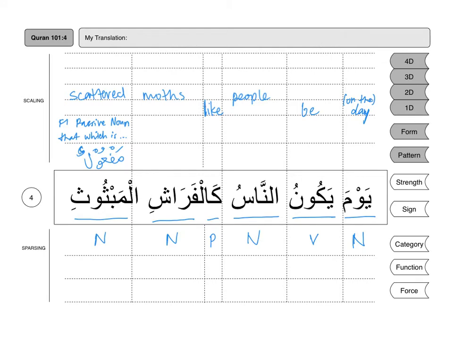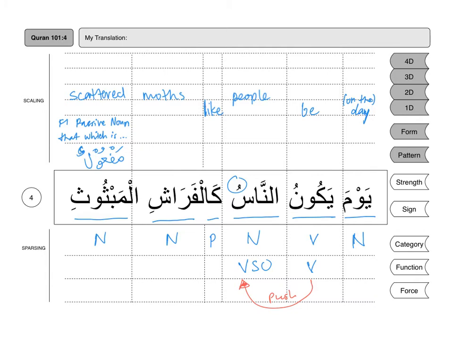So we'll just take it as a normal verb. So you have a verb, and the one that comes next will be the subject of verb. Okay, so the force would be like this. It's a push force.